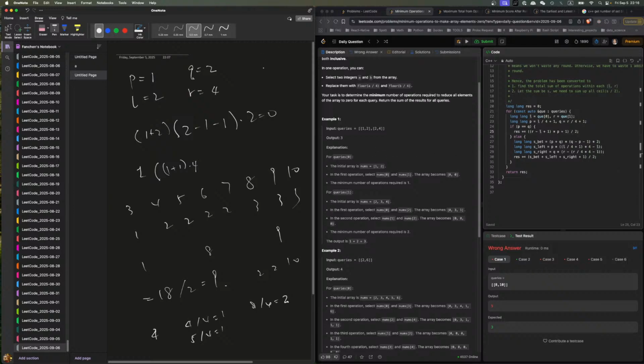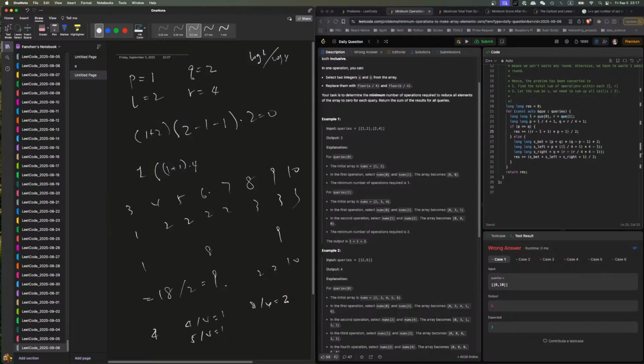So we need to do log left divided by log 4. And this will be what? It'll be 0.